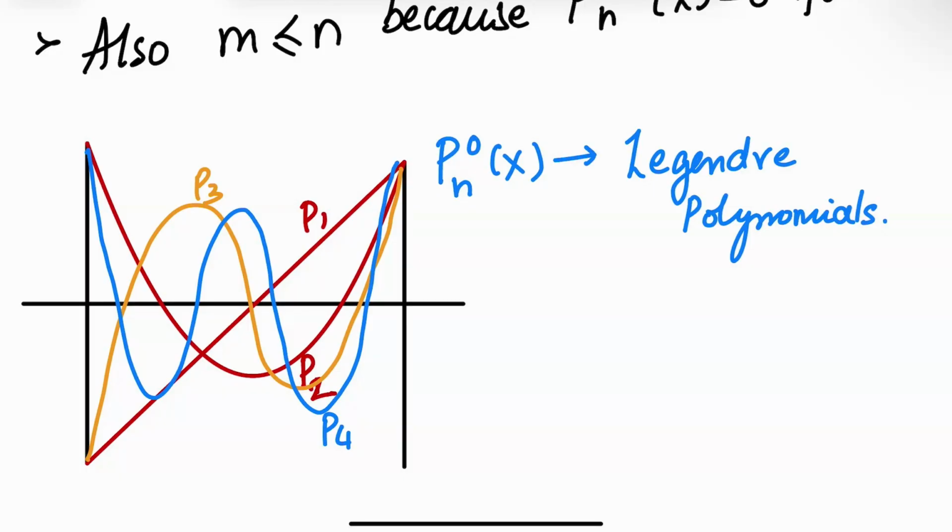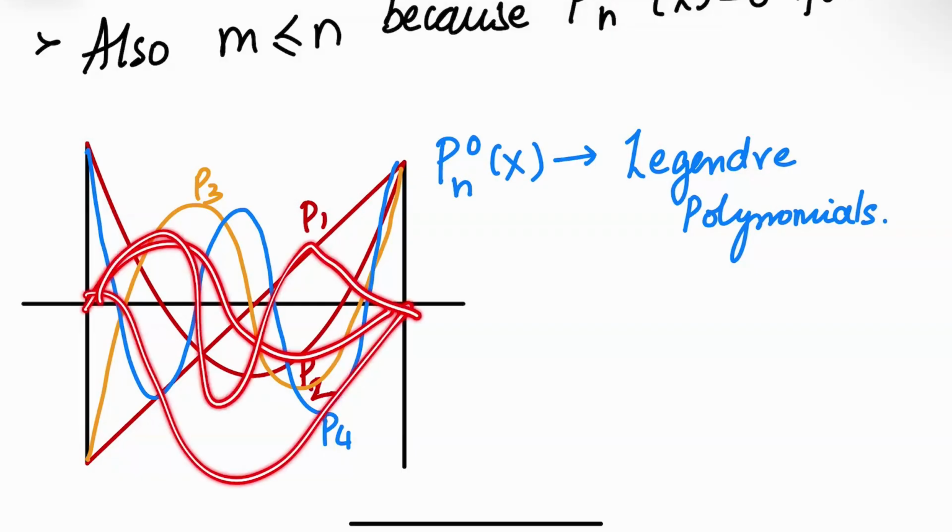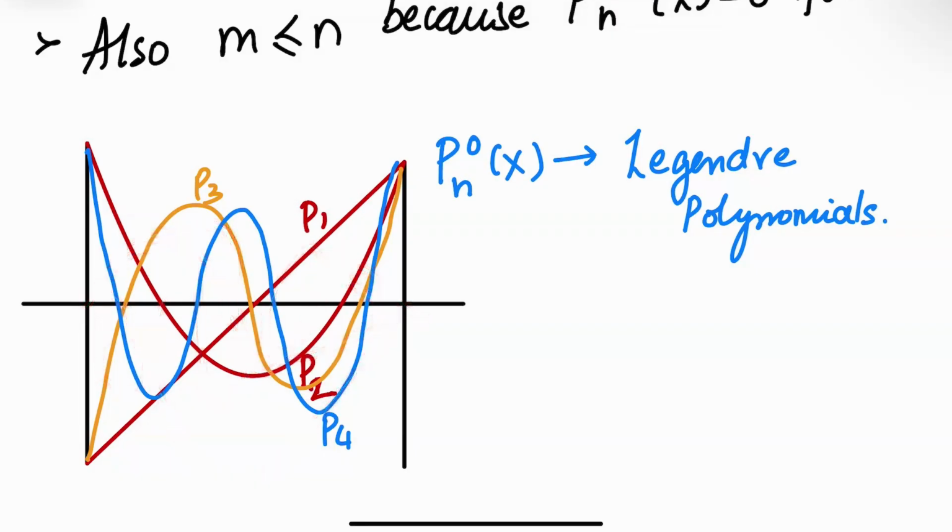And then for higher orders, for 1, 2, 3, and so on, you can look up tables and see what the functions look like, but they look very similar to this. So something like this, or like this, or like that, and so on, right? So these are all different functions in x for different degrees and orders, okay?